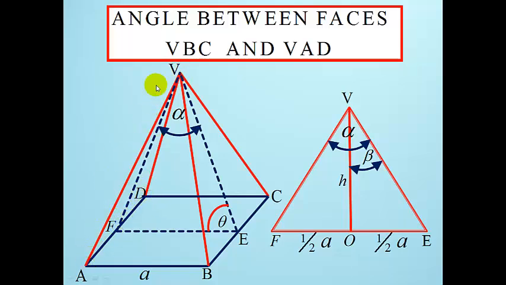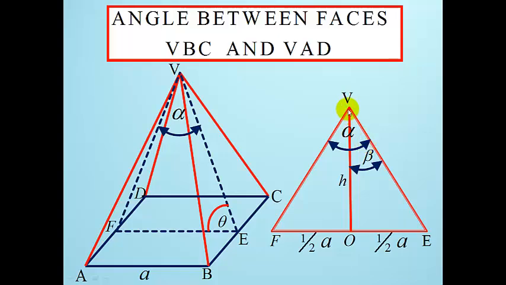So if you are supposed to find the angle between these two faces, then the angle is the angle alpha as shown in the diagram. Now, to calculate for the angle alpha, we have to consider the triangle. And that triangle is triangle VFE. So we have triangle VFE. Now this is the alpha. That is the angle we are calculating for.